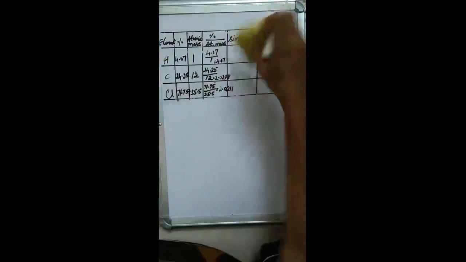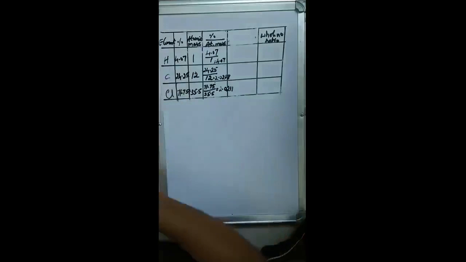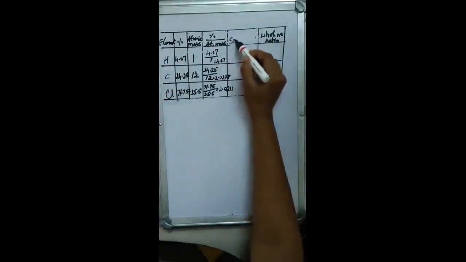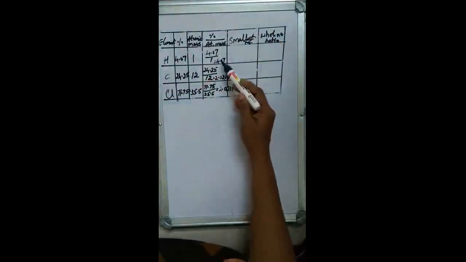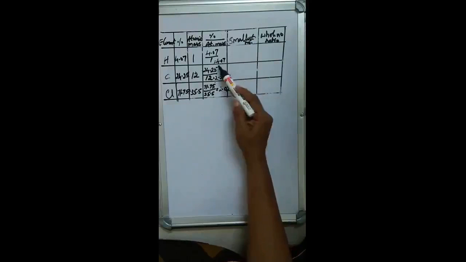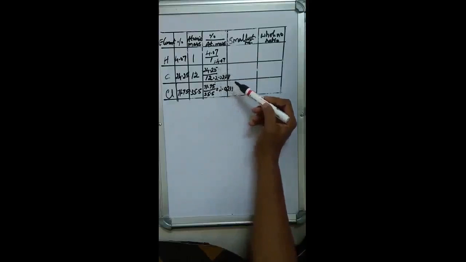Here, instead of writing simplest number, do one thing, write it as the smallest number. So it becomes more clear. So among three, 4.07, 2.0208, 2.0211, which one is the smallest number?